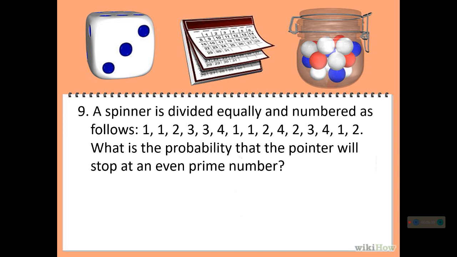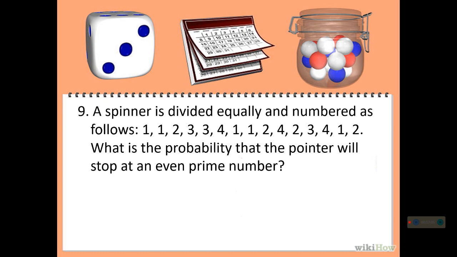Next, number 9. A spinner is divided equally and numbered as follows: 1, 1, 2, 3, 3, 4, 1, 1, 2, 4, 2, 3, 4, 1, 2. What is the probability that the pointer will stop at an even prime number?